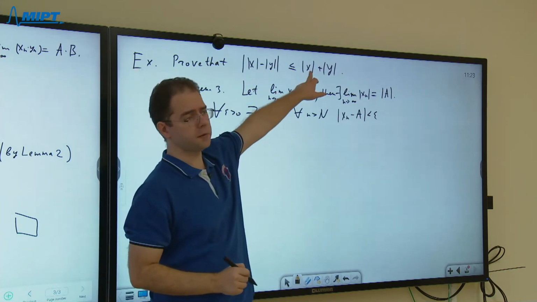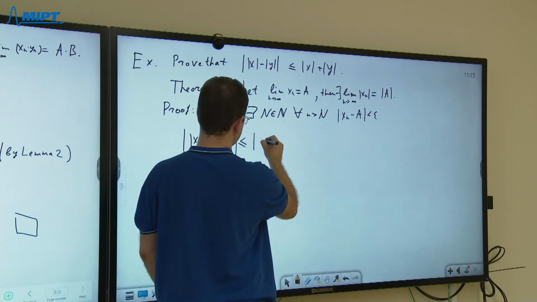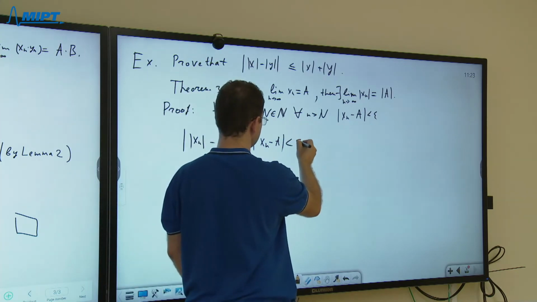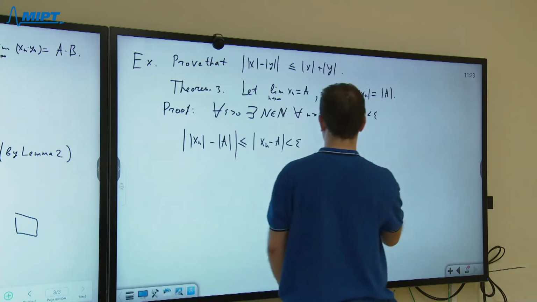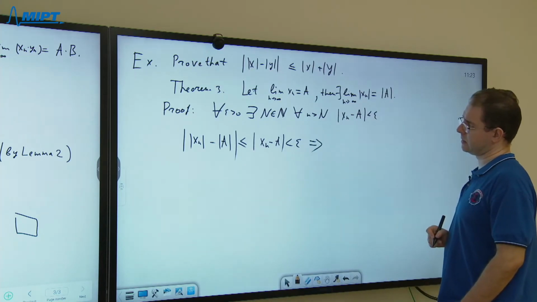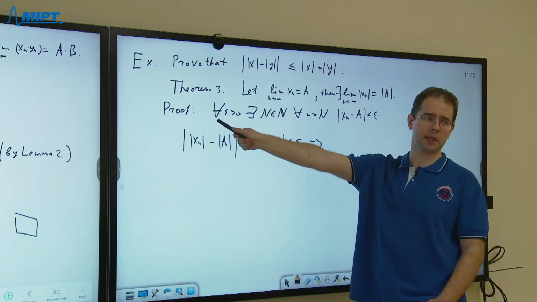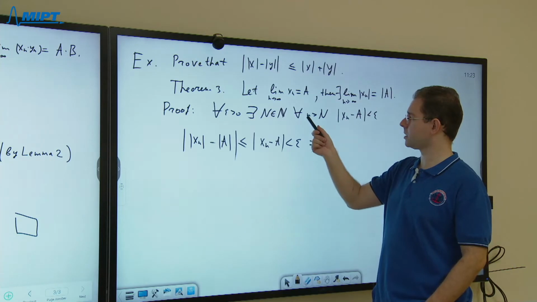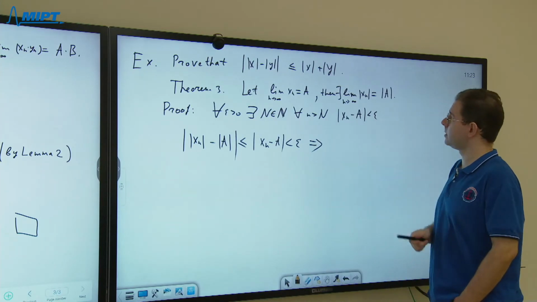I'm sorry, guys, fixing your notes, less or equal, absolute value of xn minus a, which is less than epsilon. From here, this is just by definition, for any epsilon, I have capital N, such that for any small n greater than capital N, this expression is less than epsilon. This, by definition, means this limit.